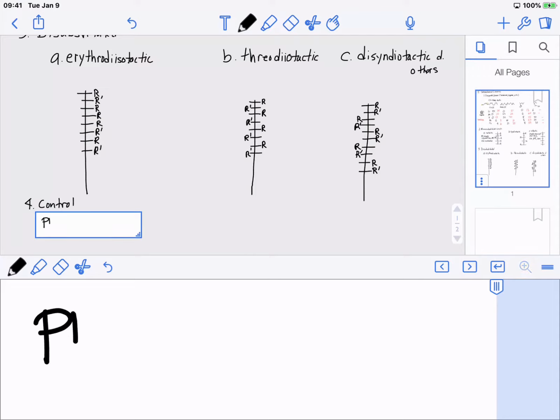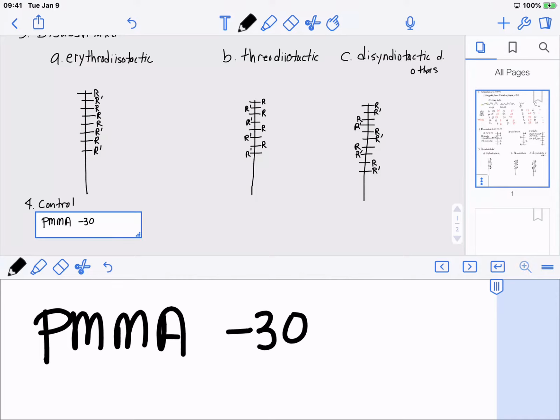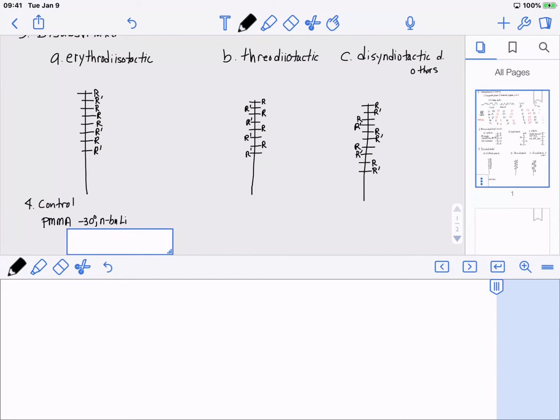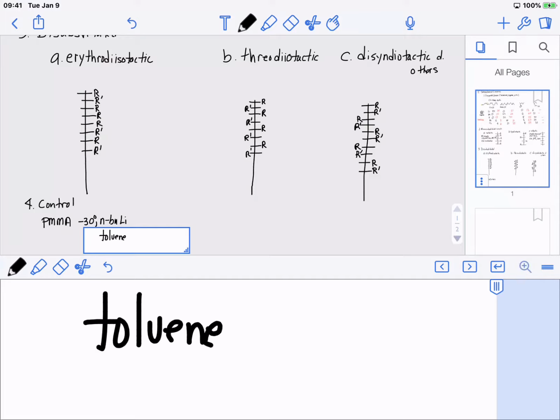So we'll look at PMMA, and we're doing the reaction at minus 30 degrees with n-butyl lithium. And what we're going to do is look at solvents. So we're going to look at toluene and the ratio with dimethoxyethane.